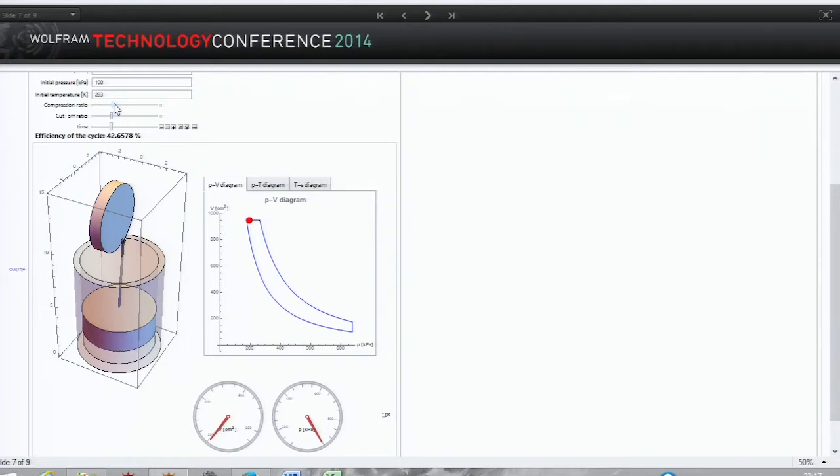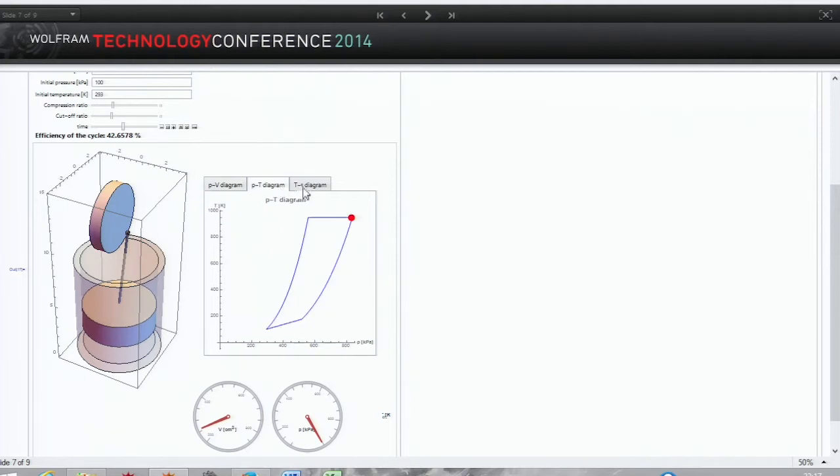You can see that when the compression ratio is higher, the temperature of the compressed air is also getting higher, but with an increased cutoff ratio, that is this part, the temperature is lower.